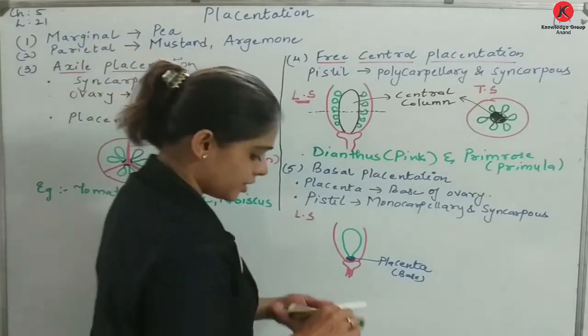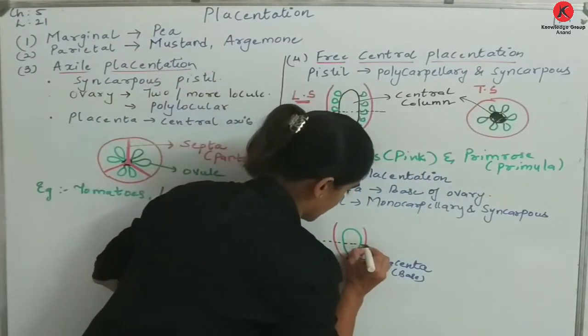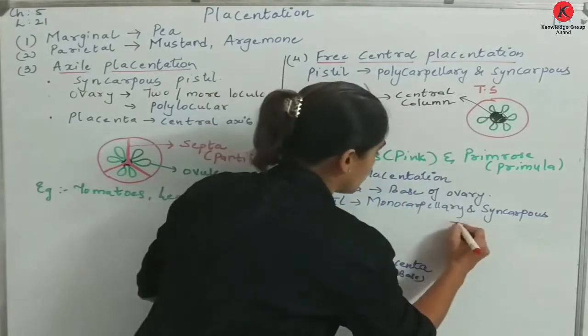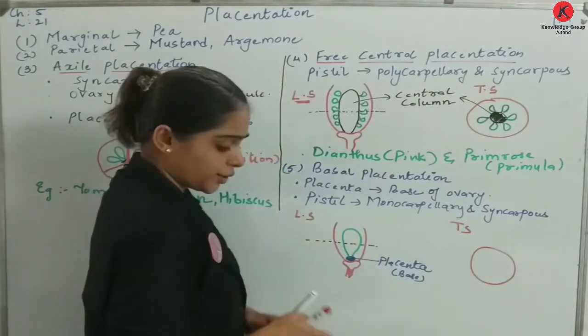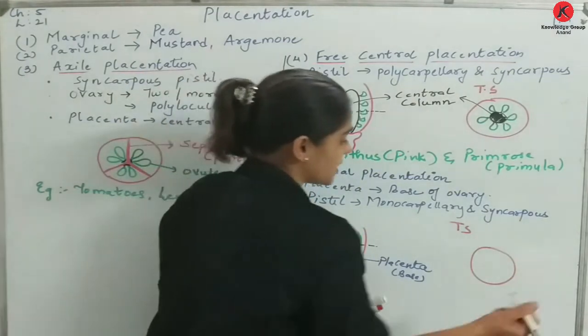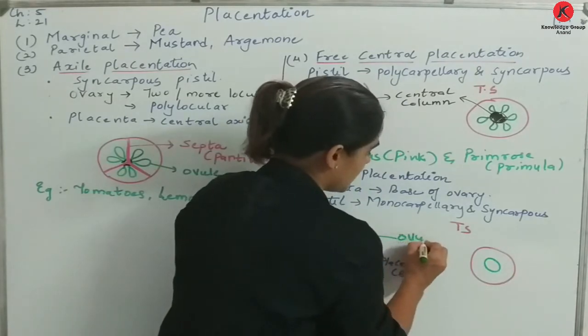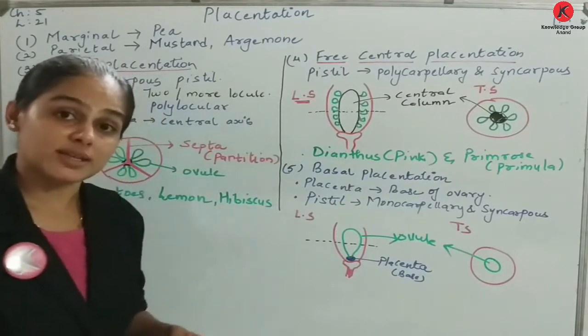Now dear students, let's take the transverse section. If you take a transverse section, what you will see is this is the ovary wall, the red one. And what are you going to see in the middle? This is your ovule. Am I clear? Yes.